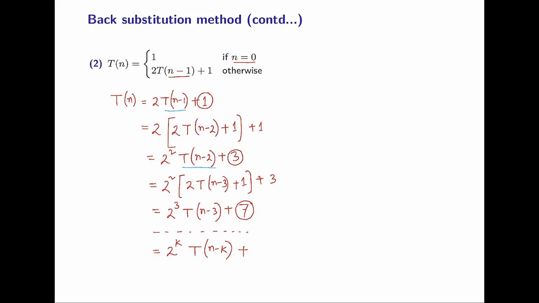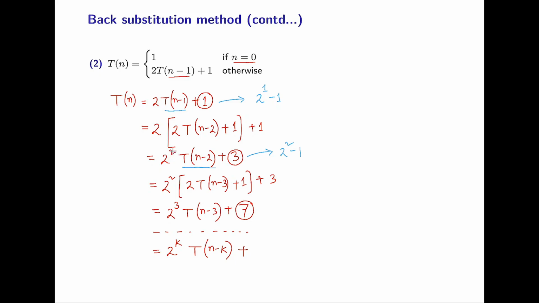If you see here, this one is 2 to the power 1 minus 1, right? Just observe here. So 3 is 2 squared minus 1. Why am I matching in that way?